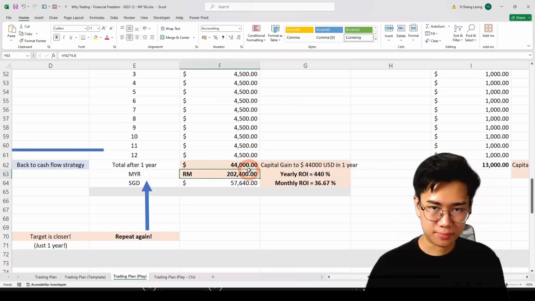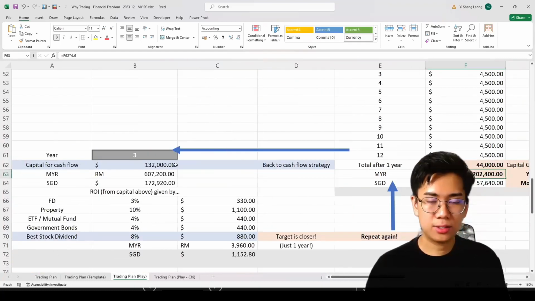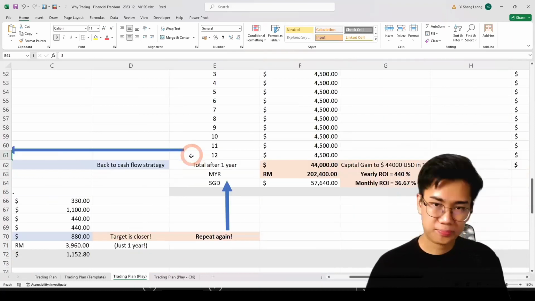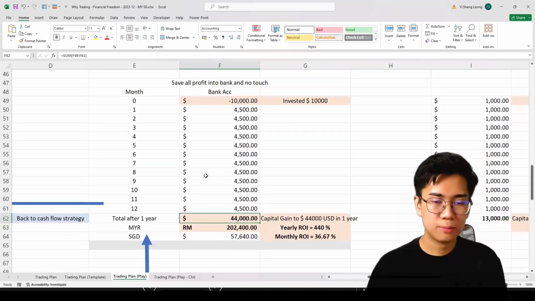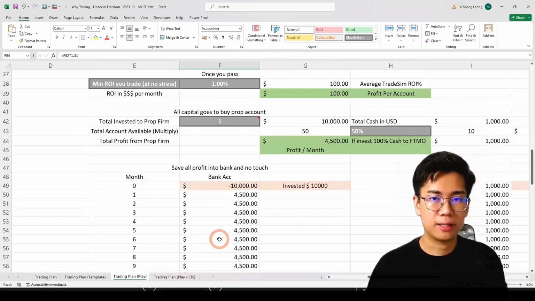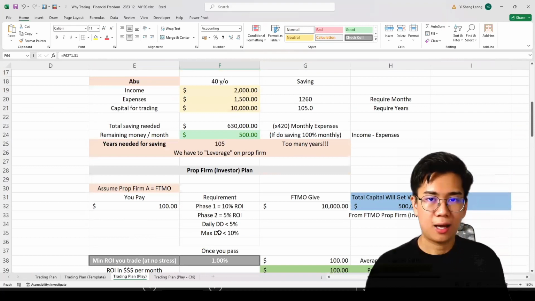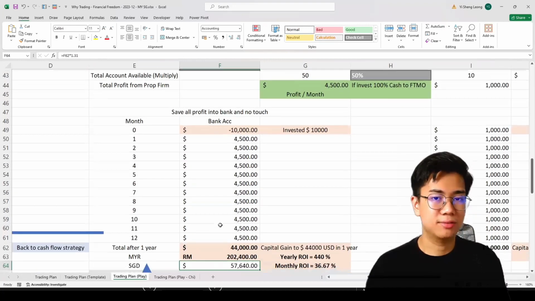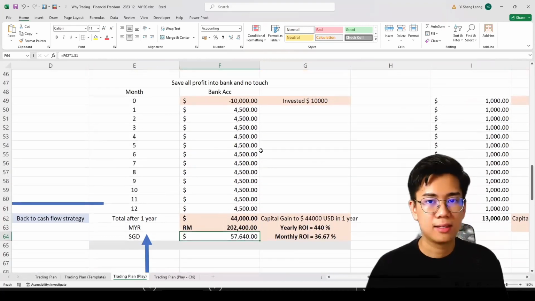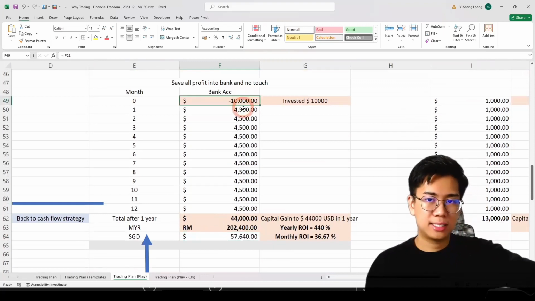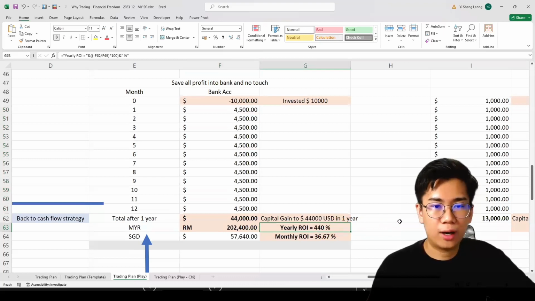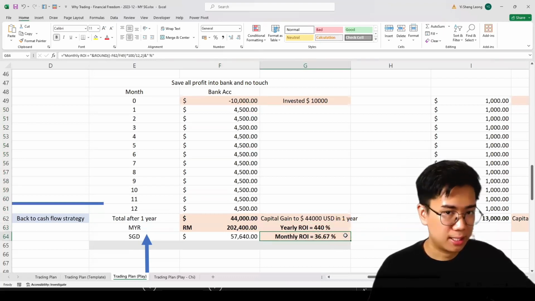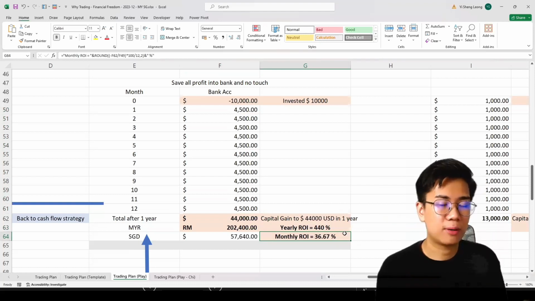About 200,000 ringgit, 100 over 1,000 in three years' time. 50,000 in US dollar profits, Singapore dollar about 57. How many of you think this is really a good start? Meaning you put in 10,000, save money all the way to the end of the year, your yearly ROI is 440%, your monthly ROI is about 36.67%, fully leveraged on profit to start.